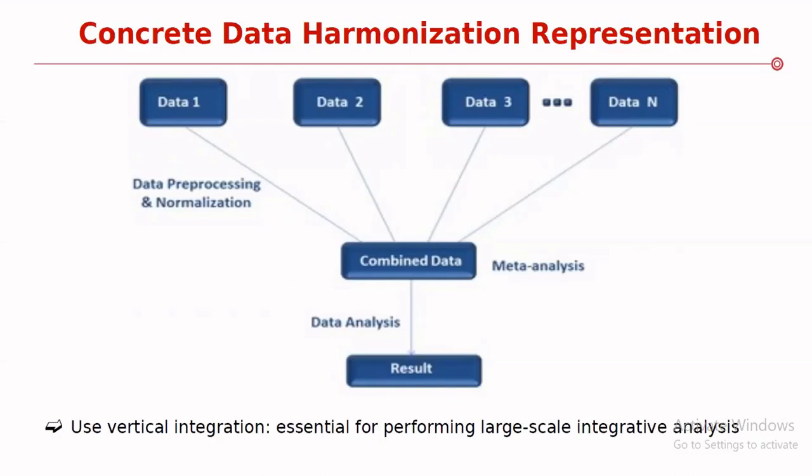For example, let's take a simple attribute, gender. One site can code that attribute as 0 being male and 1 being female, but the other one can label, for example, 1 as male and 2 as female.